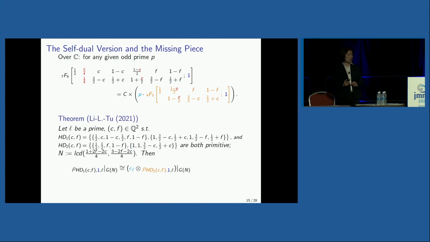And if you look at the Galois version of the Whipple 7F6 formula, basically the setup is if we forget about the middle column, the left-hand side reduces to a hypergeometric datum of length 6. So we write down the alpha parameter as 1/2, c, 1 minus c, 1/2, f, 1 minus f, etc. And on the right-hand side, the hypergeometric datum is 1/2, 1/2, f, 1 minus f.